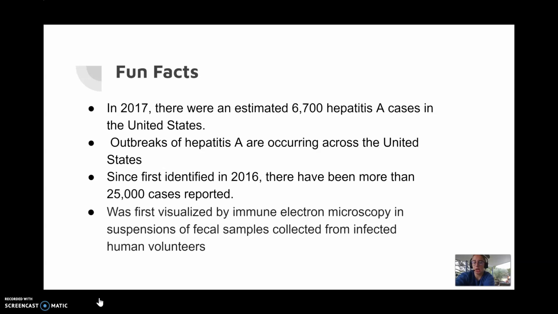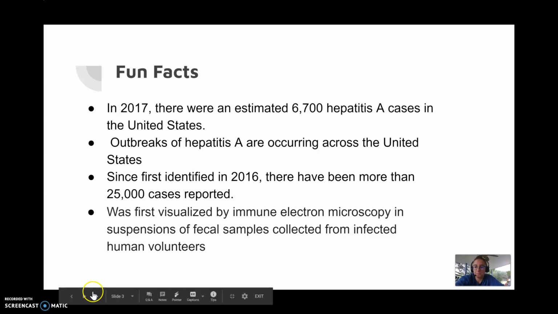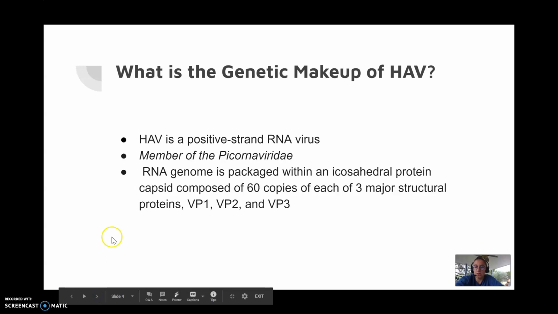Outbreaks of hepatitis A are still continuing across the US today, and the virus was first visualized by immune electron microscopy in suspensions of fecal samples collected from individual human volunteers. Imagine volunteering for that. Okay.